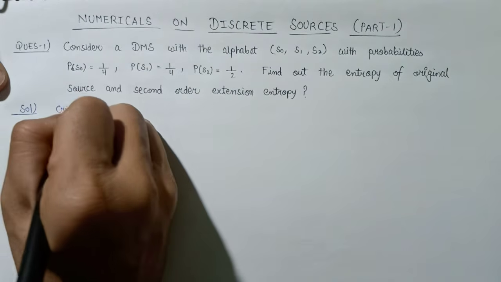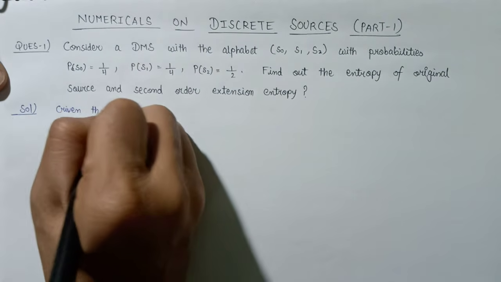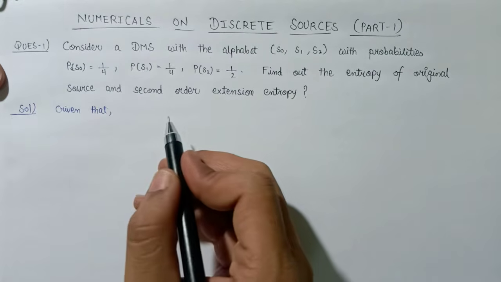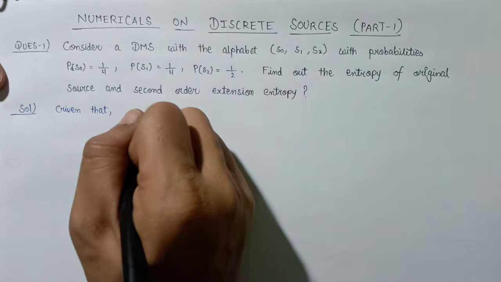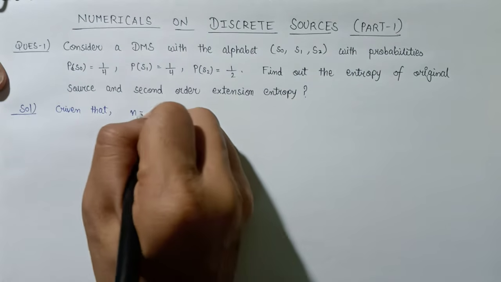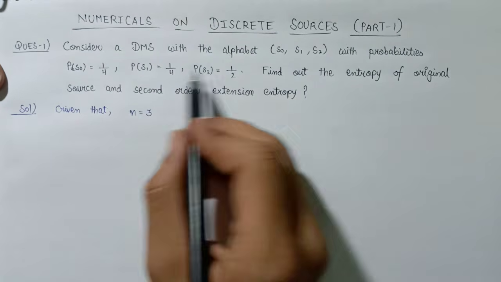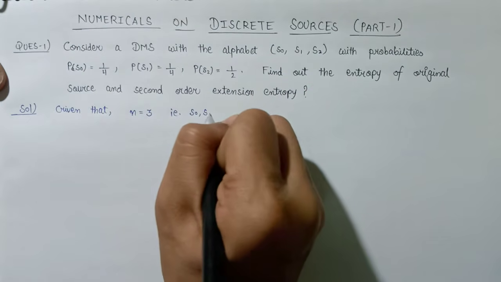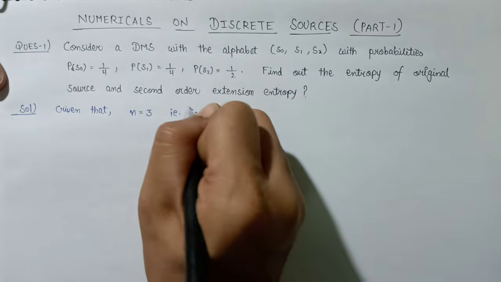So we are given that the number of symbols that are generated by the original source is 3, because here are the 3 symbols, that is S0, S1 and S2.